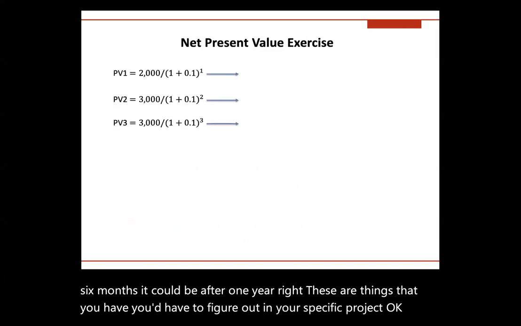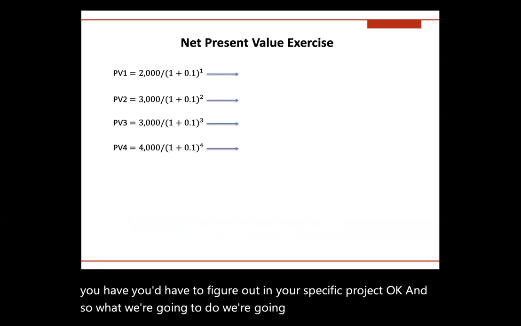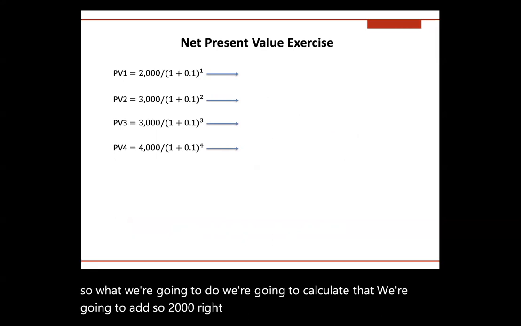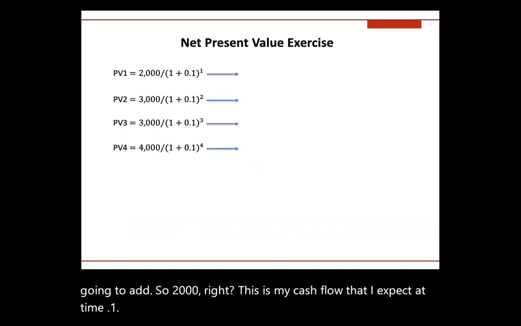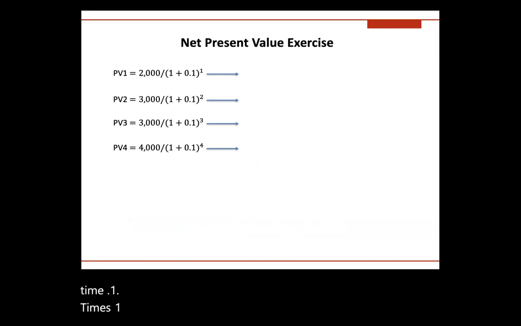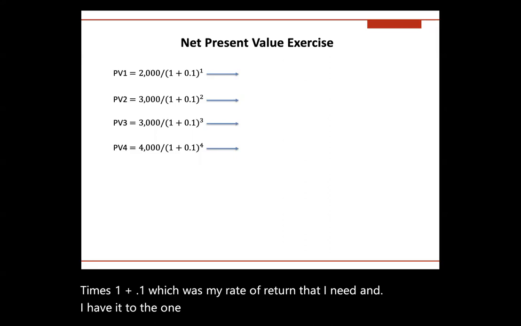And so what we're going to do is calculate that. We're going to add, so 2,000 is my cash flow that I expect at time point 1, divided by 1 plus 0.1, which was my rate of return that I need, to the power of 1, which is the first time point.